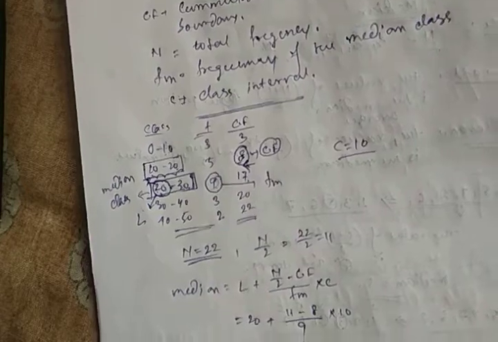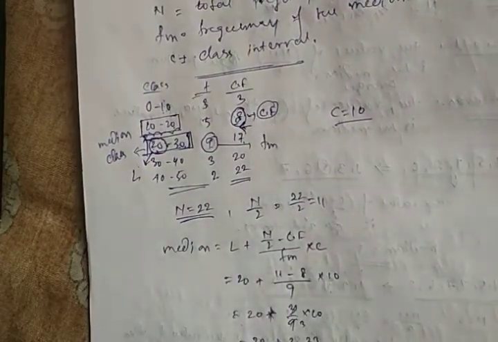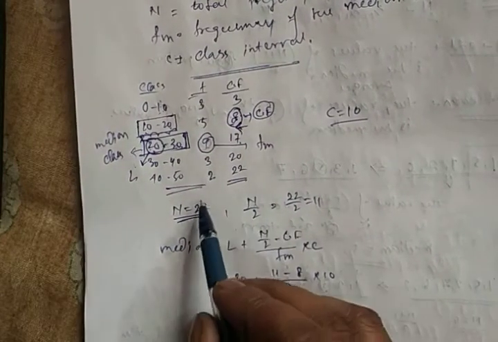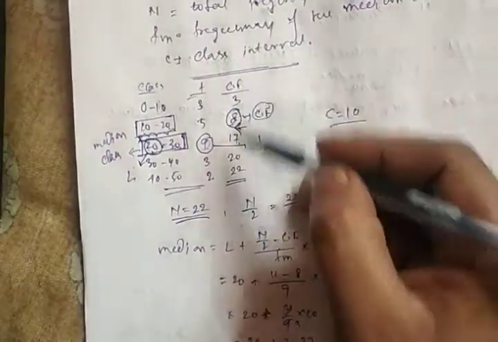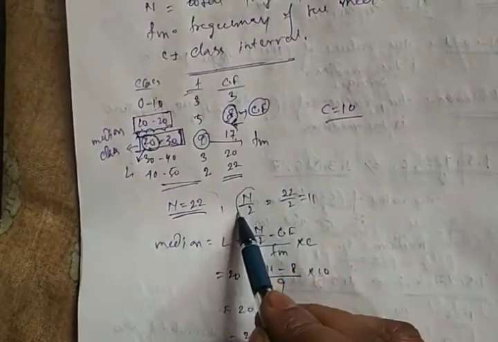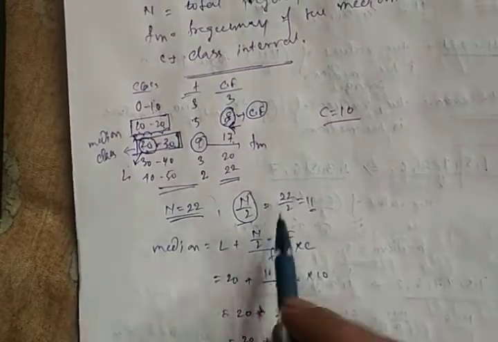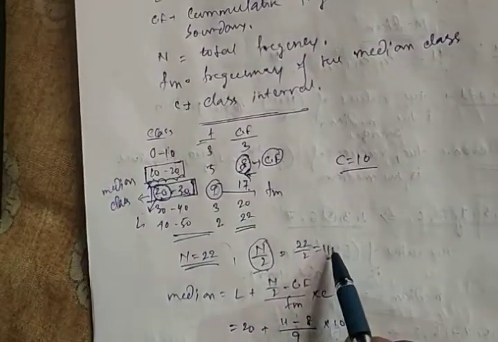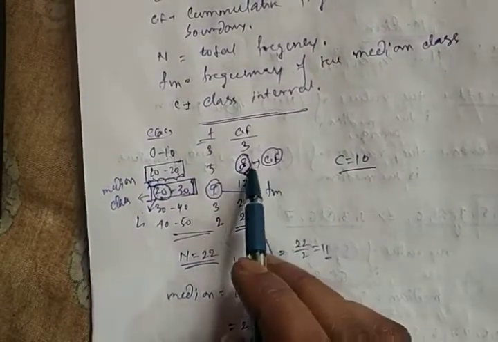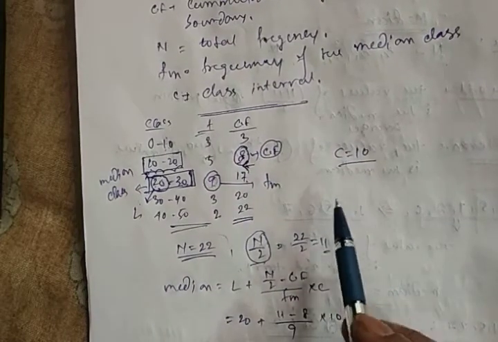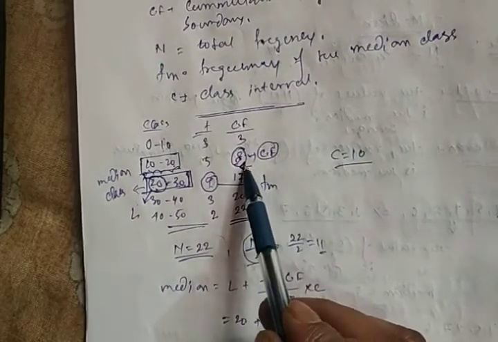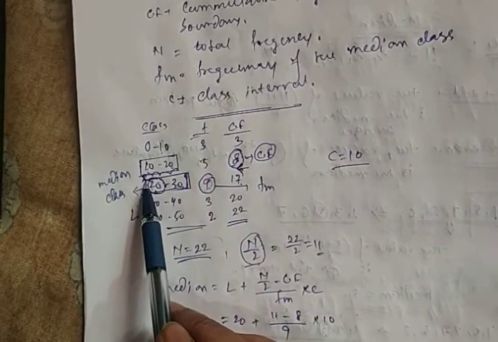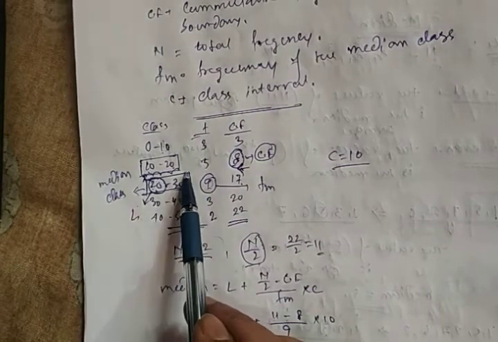I hope you understand it. First we calculate the total number of frequencies and the cumulative frequency. Then we calculate n by 2 and see where this n by 2 value lies in the cumulative frequency. Then we identify the median class.